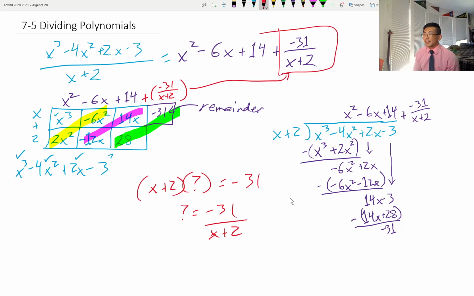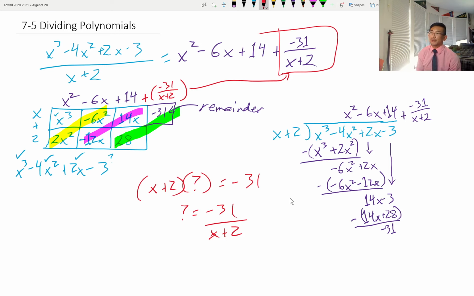So again, a little awkward. When there's a remainder, it is awkward, but it's nice to have options. If you want to use long division, use long division. If you want to use the generic rectangle, use the generic rectangle. Hopefully this helps, and hopefully you feel pretty confident now about dividing polynomials.